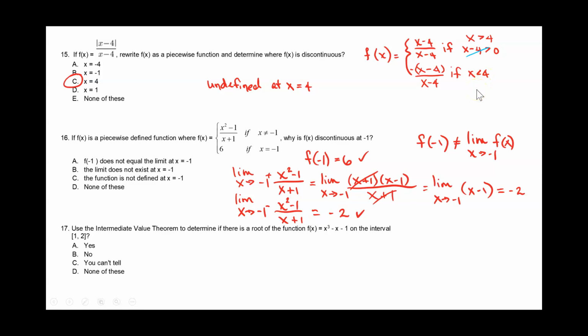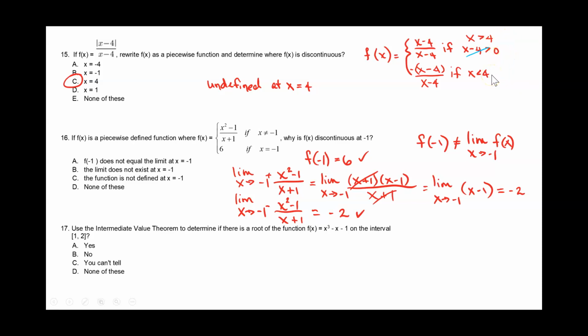Alright, so now that we have defined it as a piecewise, we need to think about the places where it could be discontinuous. It could be where I have 0 in the denominator, so that's going to be at 4 because it's undefined there. Don't have any radicals, but then I would also need to check where the pieces came together. Well, the pieces come together at 4.